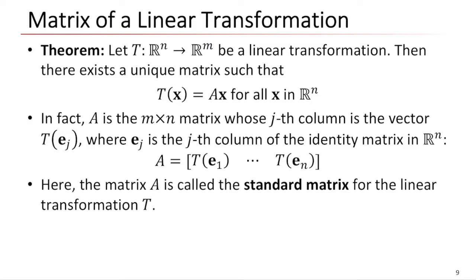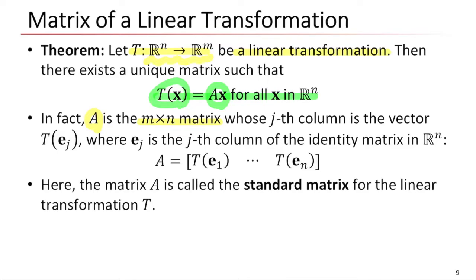Let T from Rn to Rm be a linear transformation, then there exists a unique matrix A such that the transformation of x is equal to matrix A times x for all vectors x in the Rn space. What does it mean? In other words, the matrix A is the m by n matrix, right?